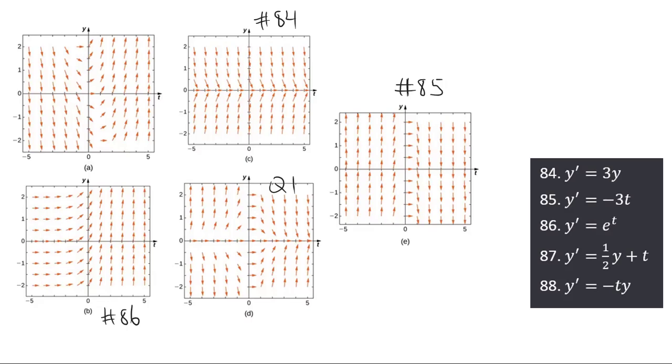So t and y are positive, and number 88 tells us that the slope should be negative, because negative times a positive is a negative. Do we have negative slopes in quadrant one for choice D? Yes. How about quadrant one in choice A? No. So we eliminate choice A, and we know that number 88 matches choice D, and then by process of elimination, number 87 is choice A.